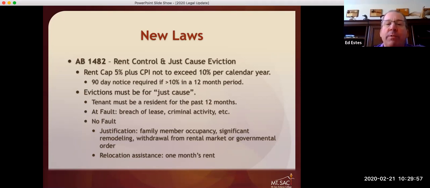So this justification is a family member, significant remodeling, withdrawing the unit from the rental market, or government order. So single family residency, you have a family member moving in. How close that family member has to be, we don't know.